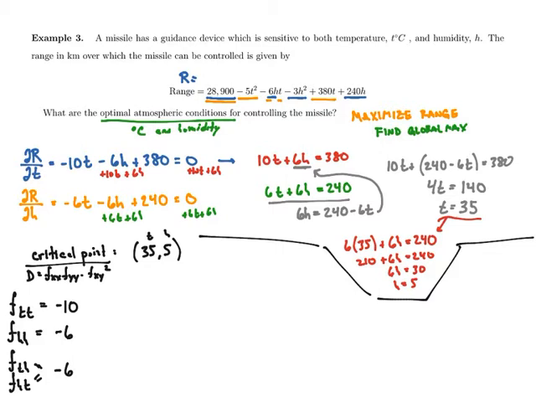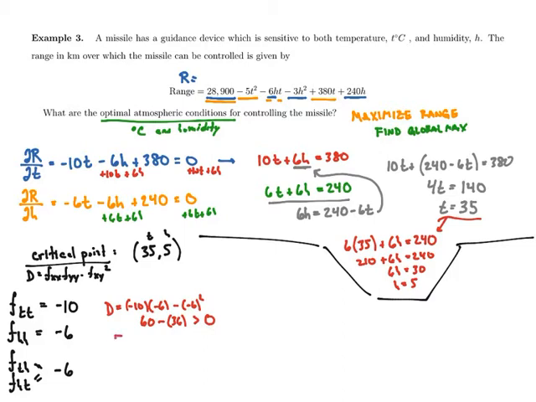So here our D is not a formula, it's just going to be a constant. It's going to be negative 10 times negative 6 minus negative 6 squared. That's going to be a positive 60 minus 36, and that's going to be bigger than 0.